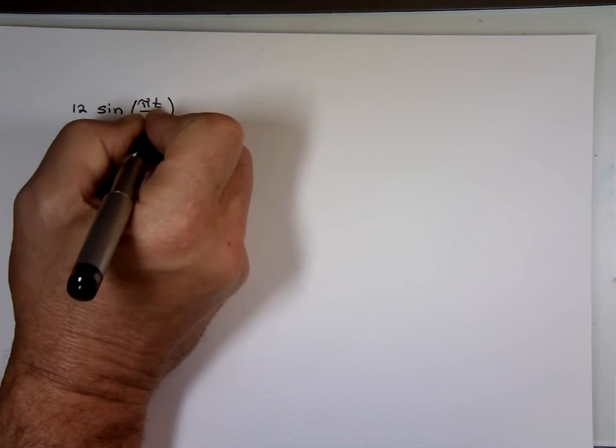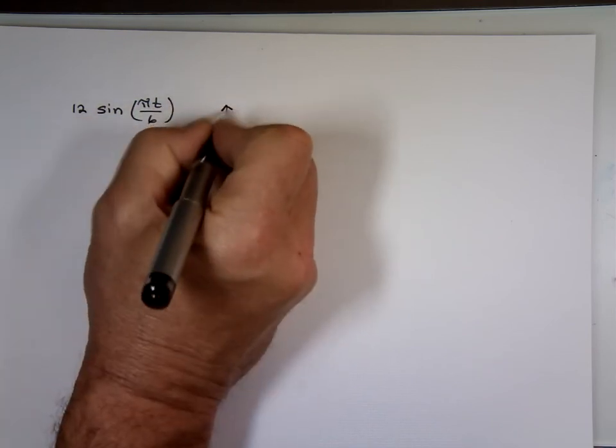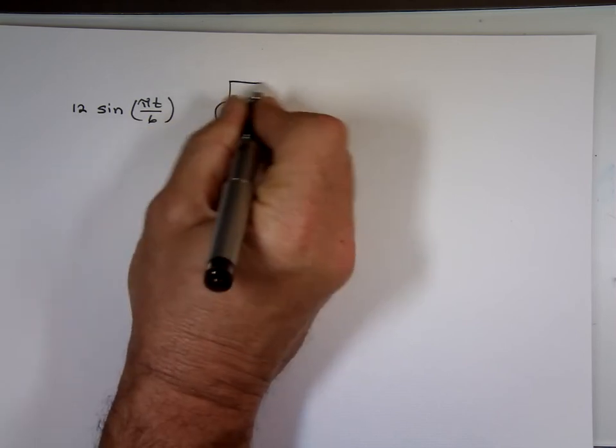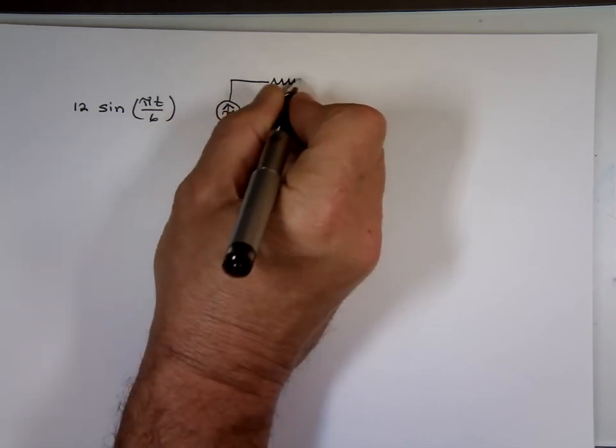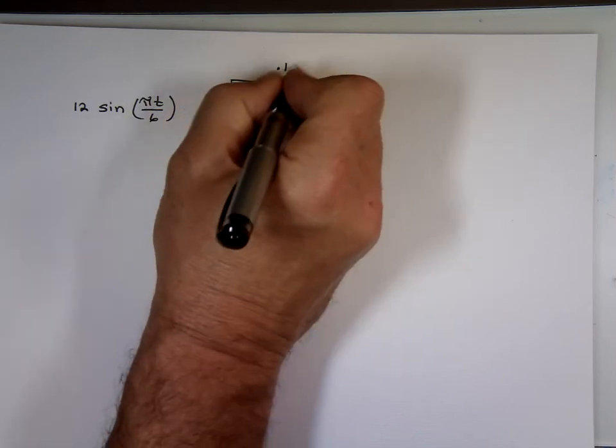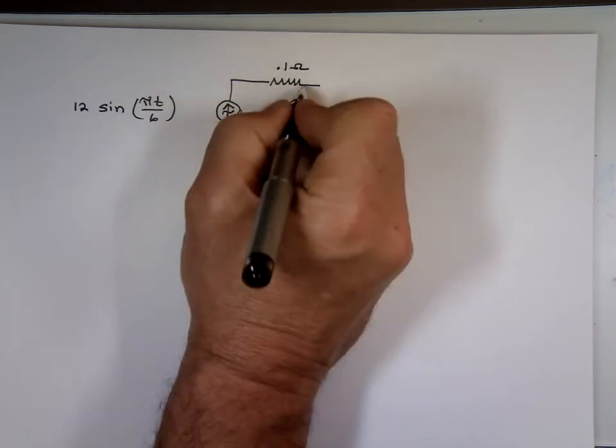That's a source. So we have an AC current source pushing current through a resistor of 0.1 ohm and an inductor of 3 henry.